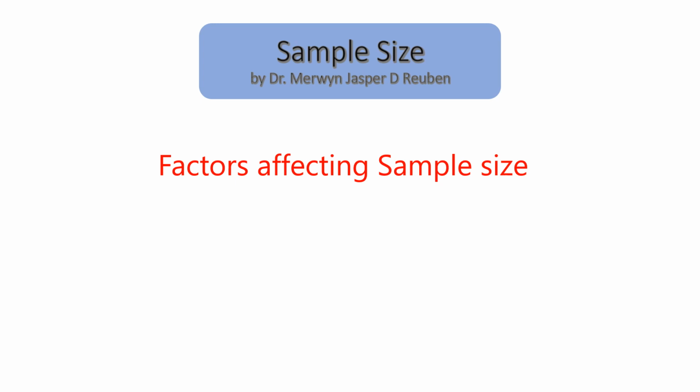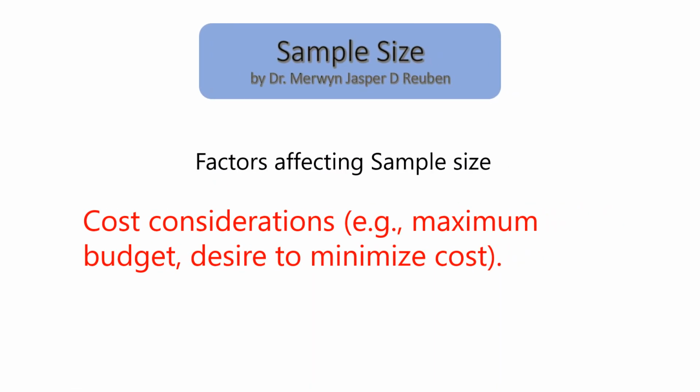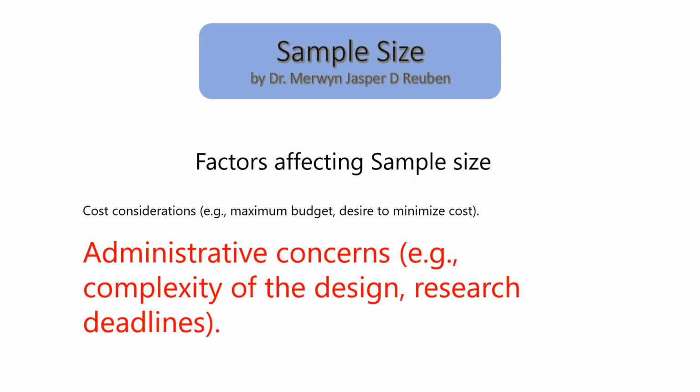So, what are the factors affecting the sample size? First and foremost is the cost consideration, that is, the maximum budget that is available to us and the desire to minimize the cost of our research. The next one is administrative concern, that is, the complexity of the design of our research problem and the research deadlines that we have to meet.